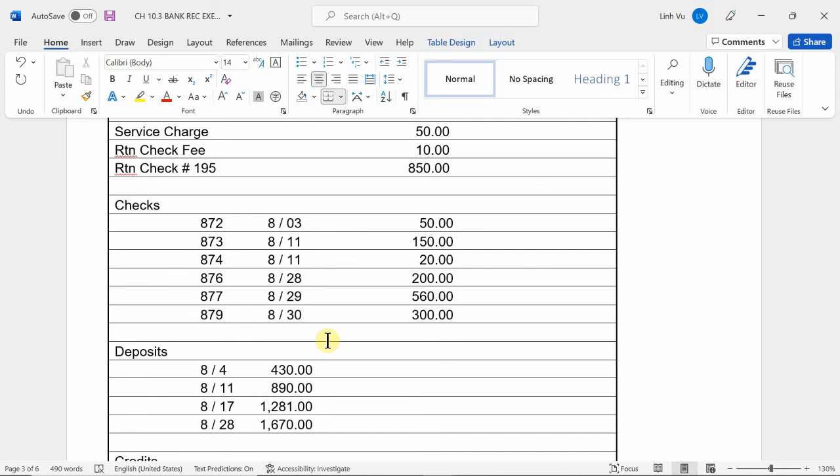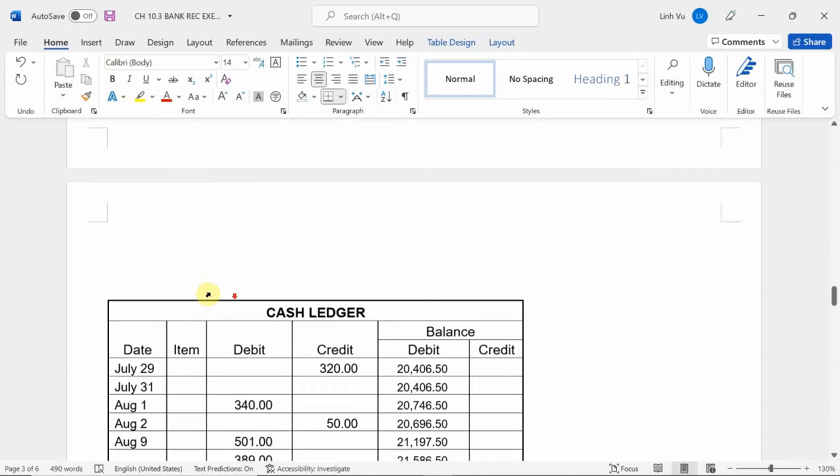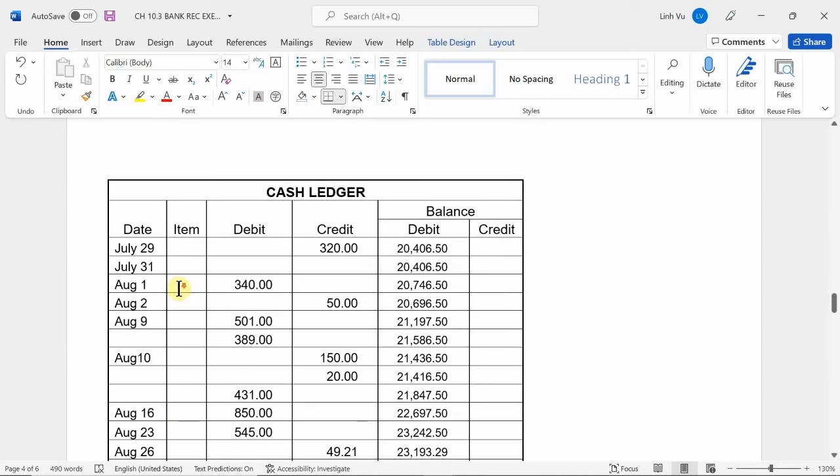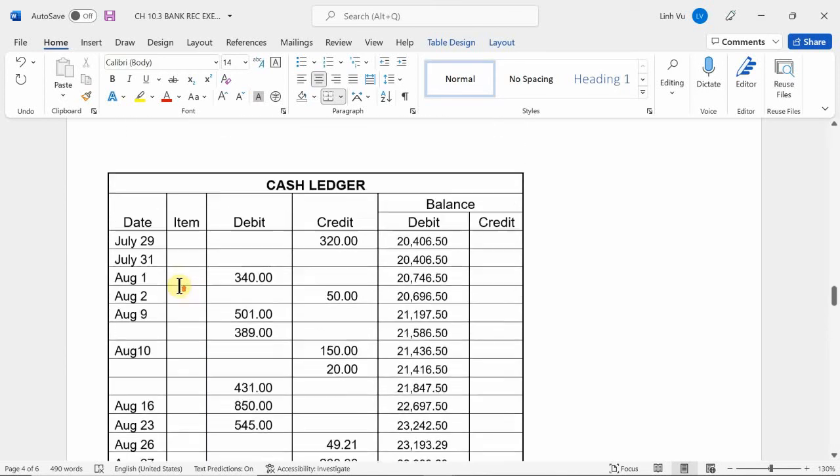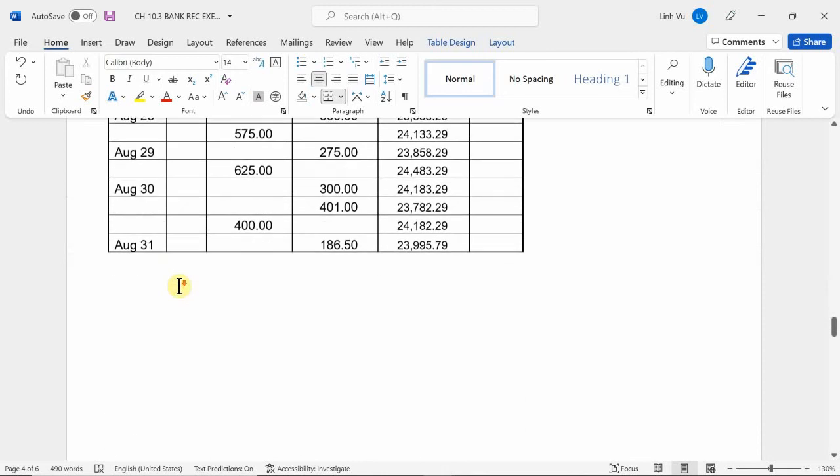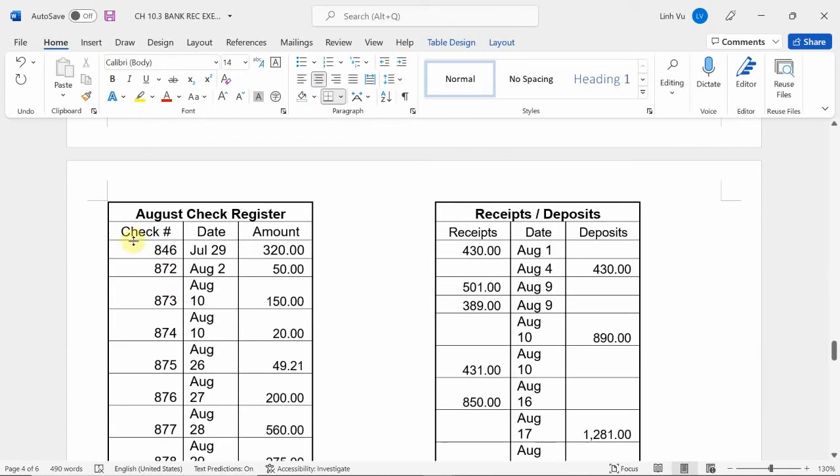We need 875, and we have until 879. We need 880, and we need 881. You're missing this one.